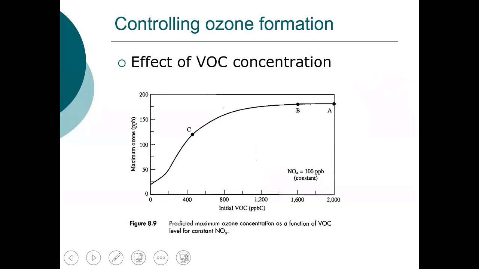Now, in terms of the effect of VOC concentration, we've got initial VOC concentrations. In much of the US and South Korea, the concentrations of VOCs will be quite low.